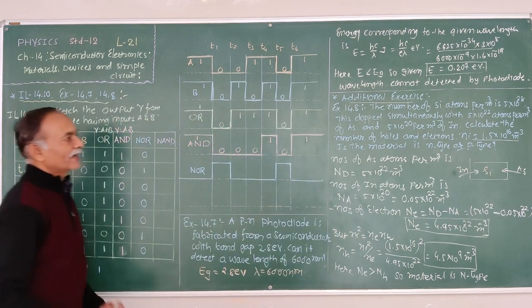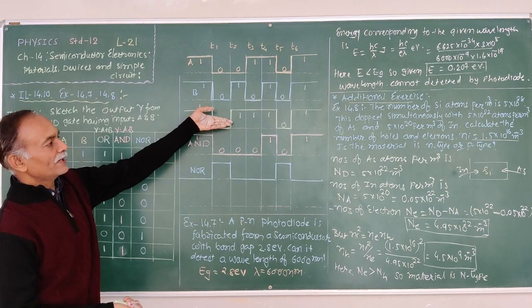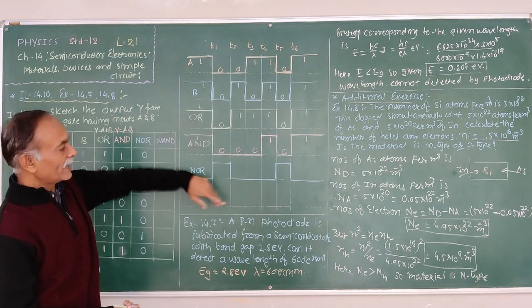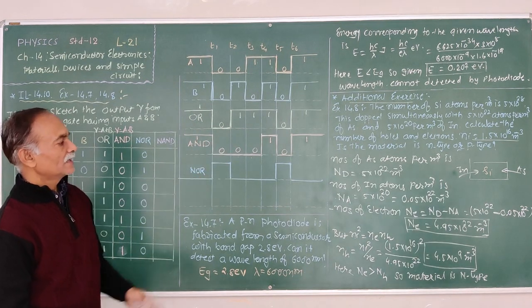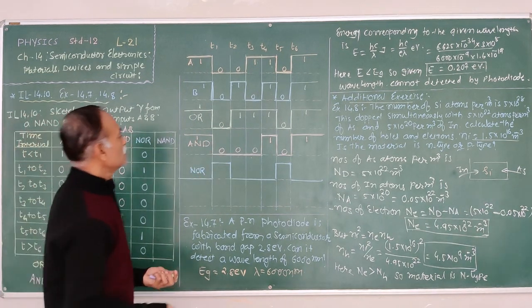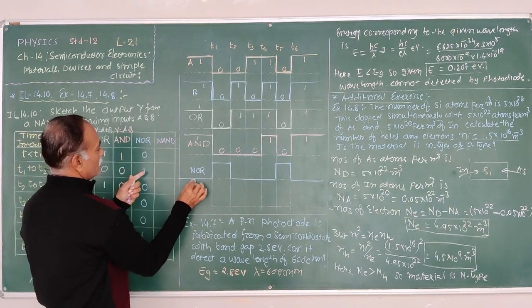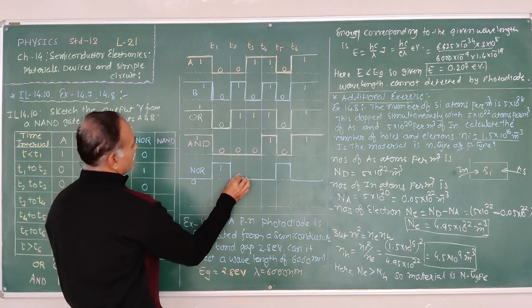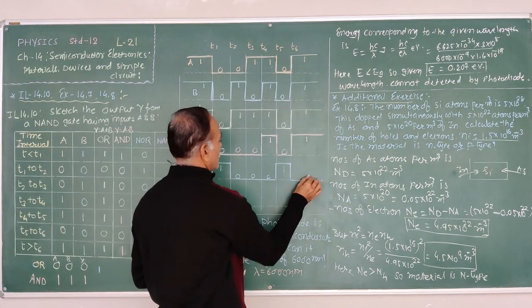It is the inverted image of the OR gate. As you pull down the waveform of the OR gate, we get 0, 0, 0, 0, 1, 0, 0, 1 and 0.